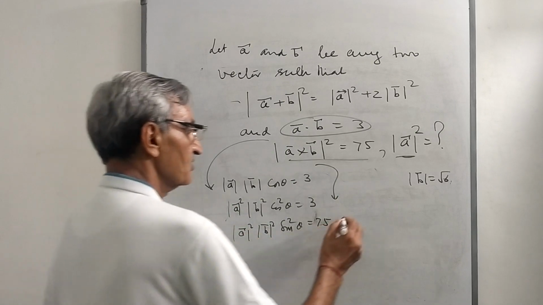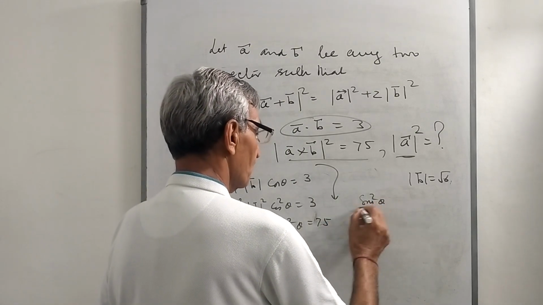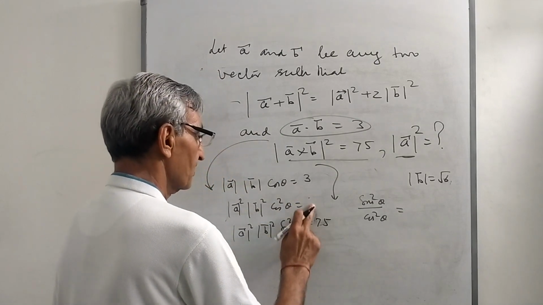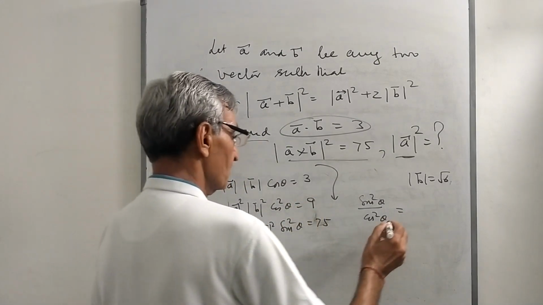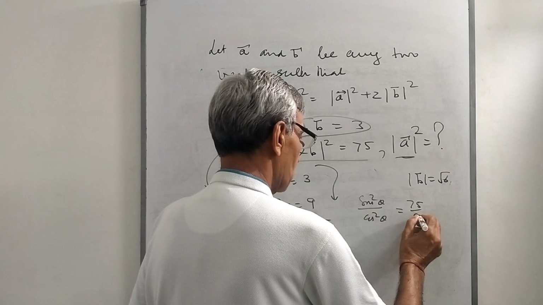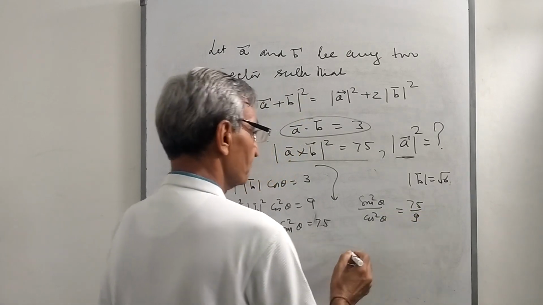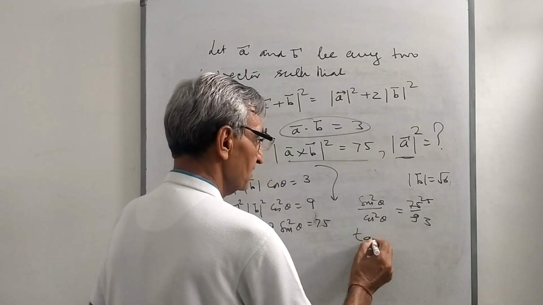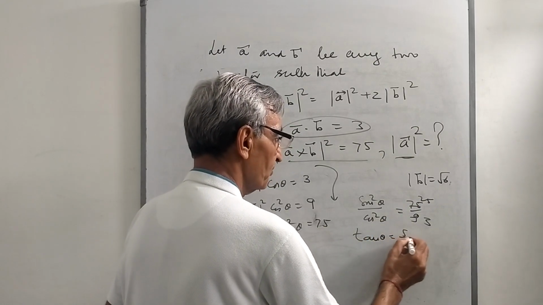Now divide sine square theta upon cos square theta, is equal to 75 divided by 9. Okay, tangent square theta is equal to 75 upon 9, so tangent theta is equal to 5 upon root 3.